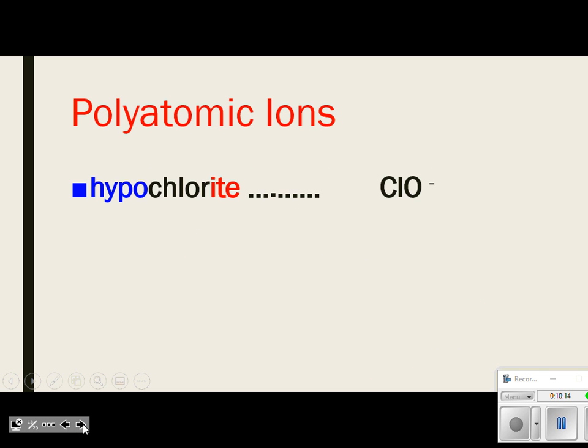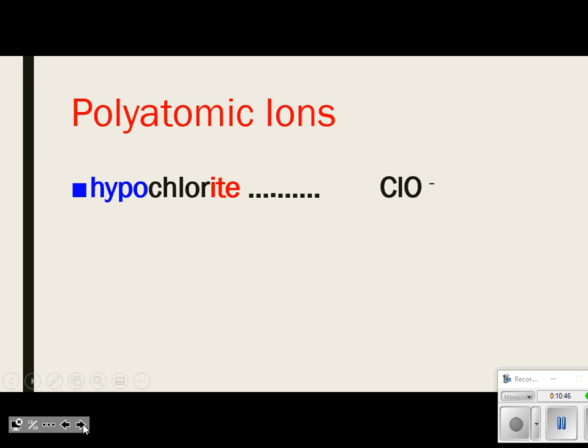Now, how I remember these is with the chlorates. On your ion sheet, turn to the second page. Okay, the actual second page, not, go to the PAL list. Let me be more specific. Go to the PAL list.